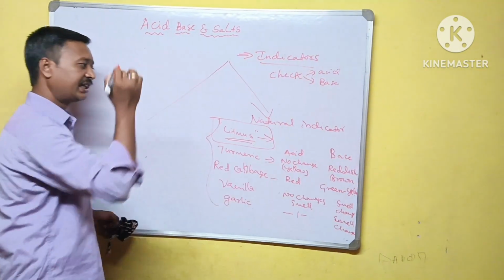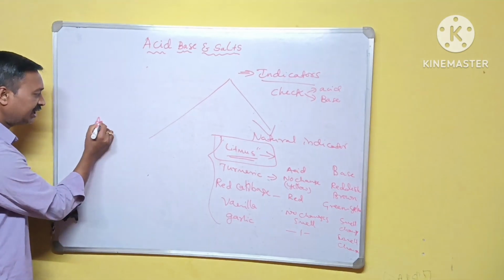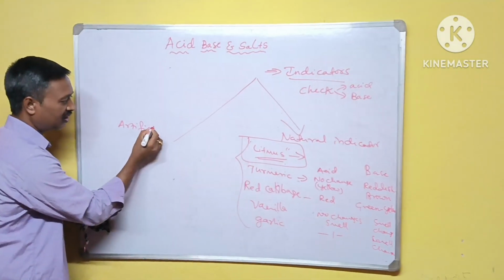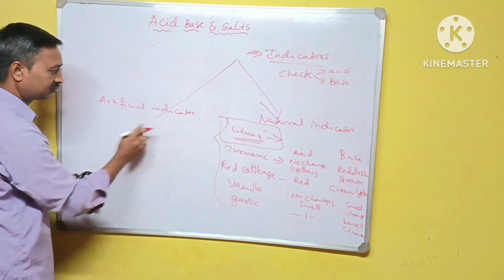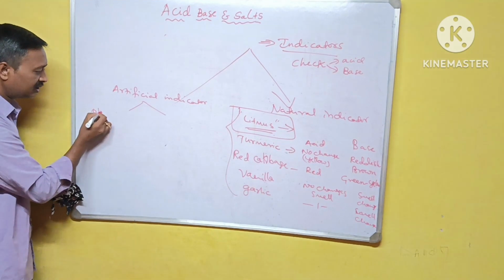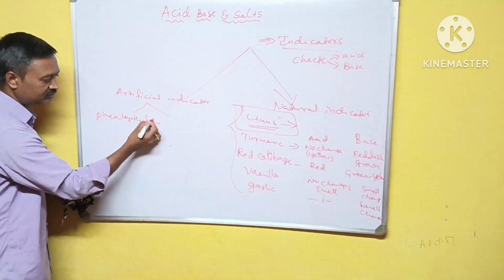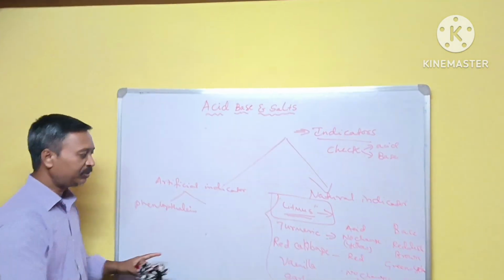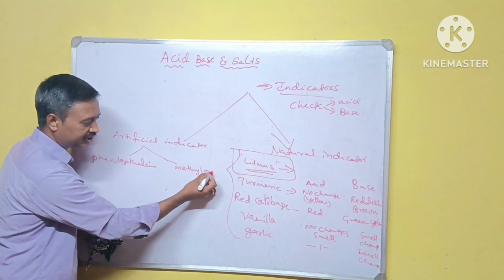The perfect natural indicator is litmus. Next, artificial indicators. There are mainly two that we use. One is phenolphthalein, another one is methyl orange.